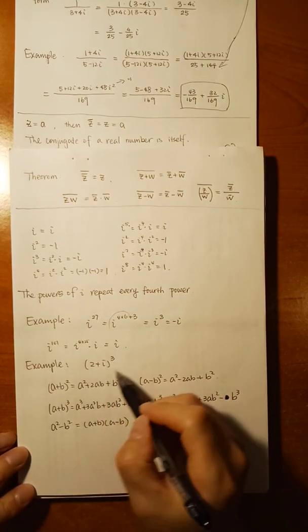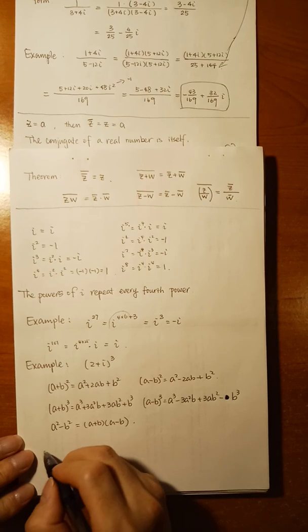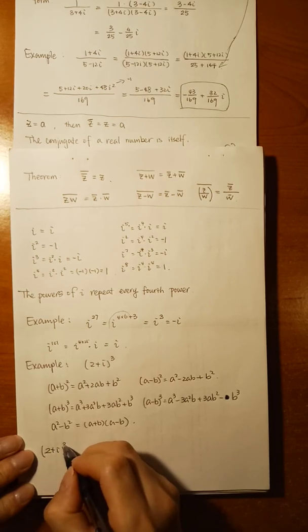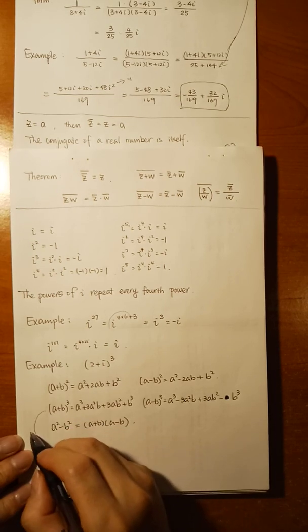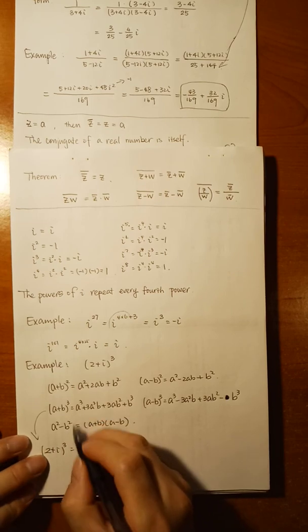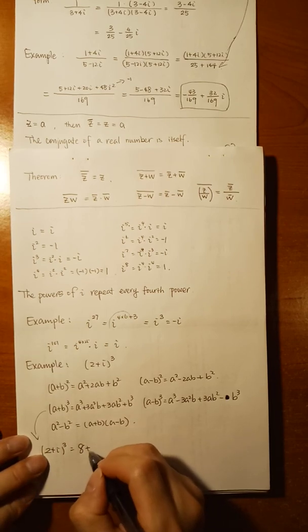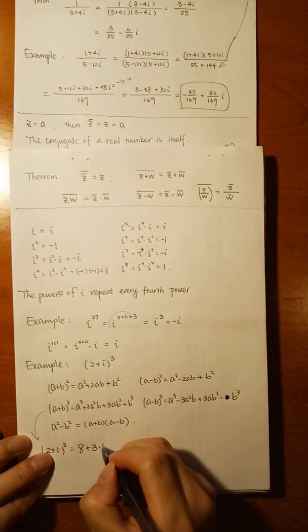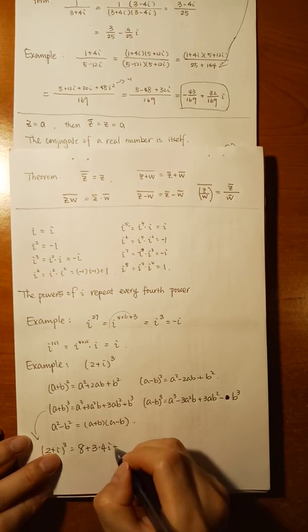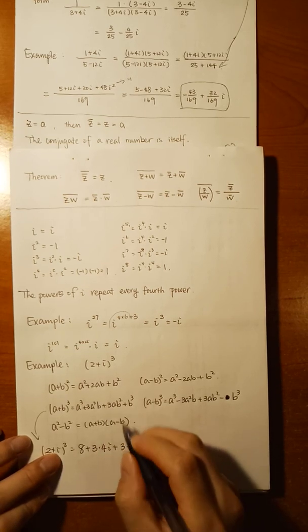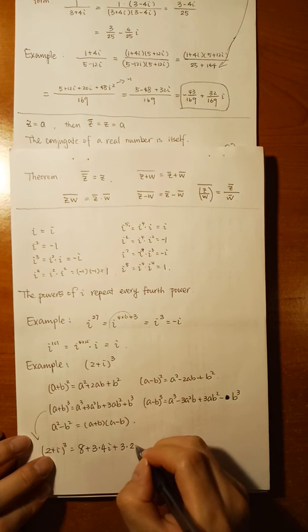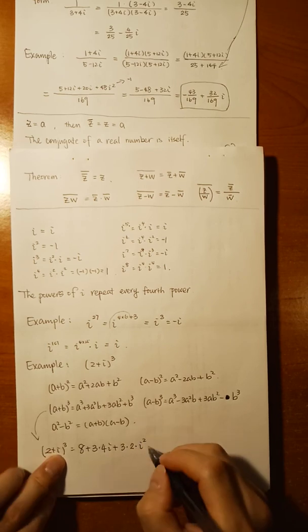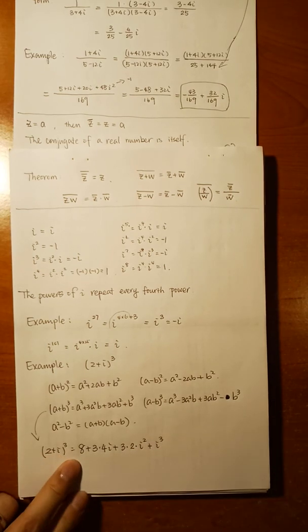Okay, so back to our problem, (2 + i) cubed. Using this formula, you get 2 cubed plus 3 times 2 squared times i plus 3 times 2 times i squared plus i cubed.